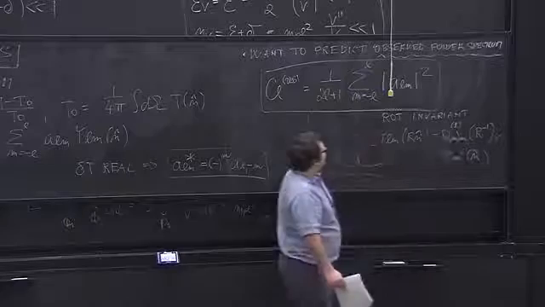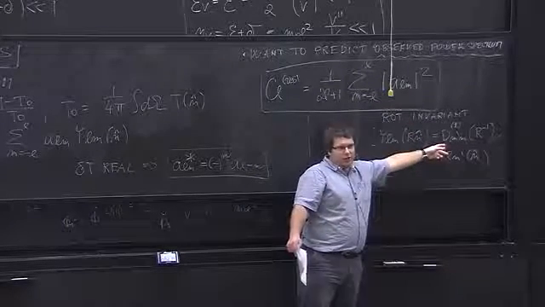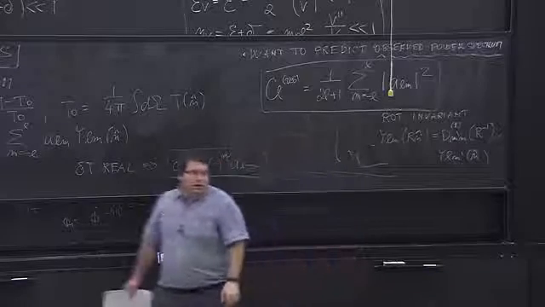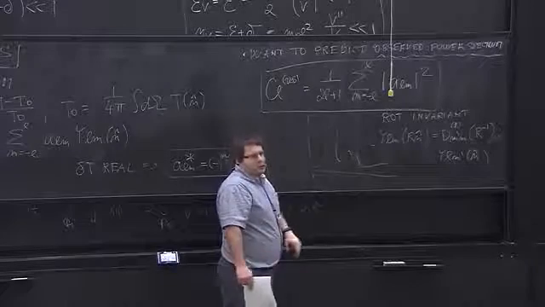So the length doesn't change under the rotation in the M space. That's why you choose this quantity to plot, because it's rotationally invariant. It's a nice quantity to measure.